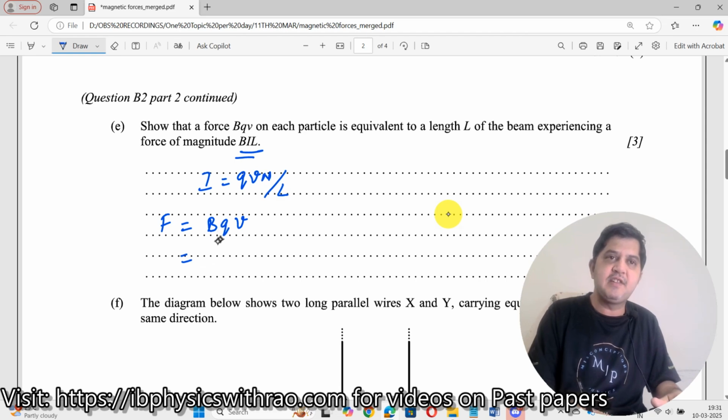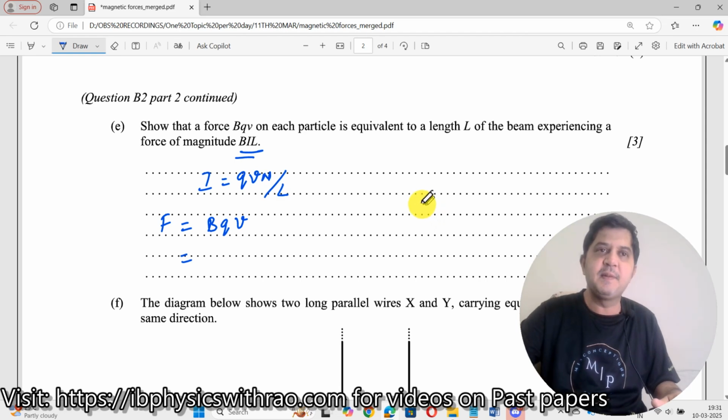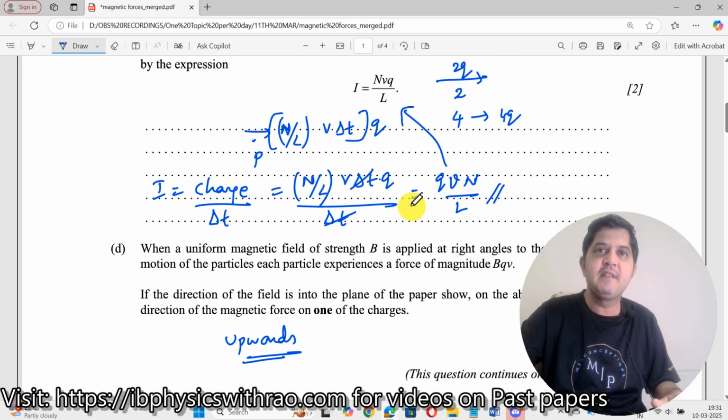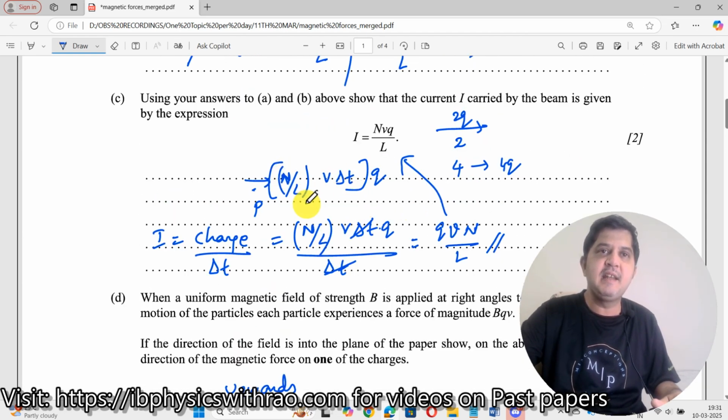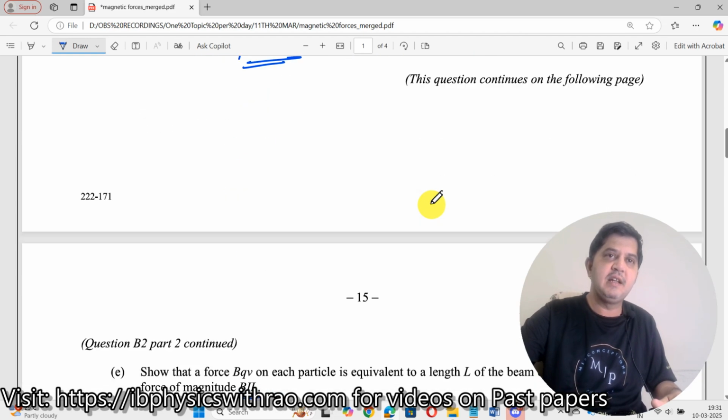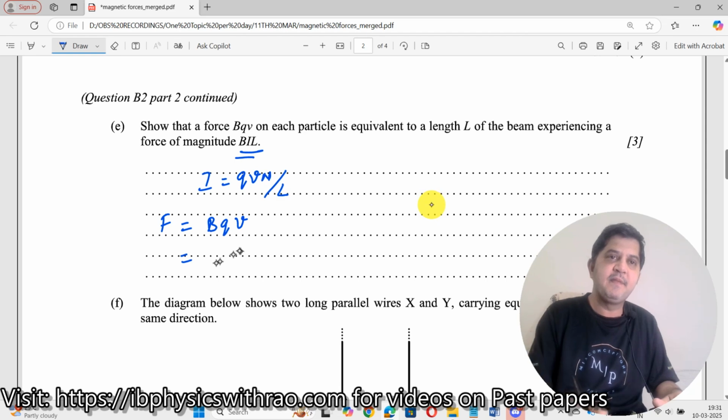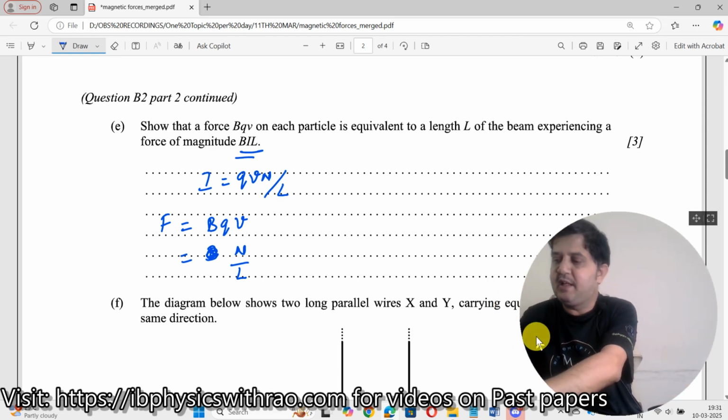If the number of charges passing through it per second is equal to this much, there is a number of charges over here. The number of charges is N by L into V delta T into Q. So I'll write V as such over here.